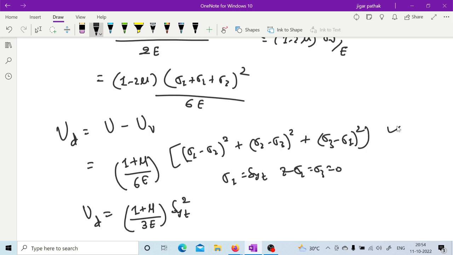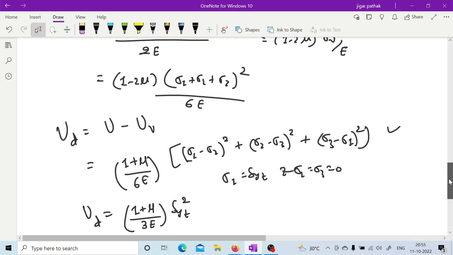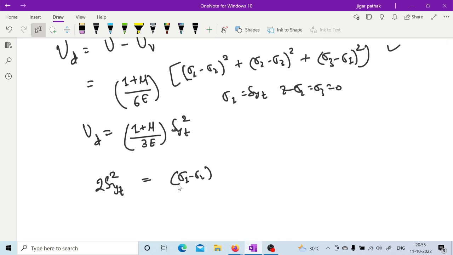When you equate Ud for tension in general, you will end up with 2 SYT square is equal to (sigma 1 minus sigma 2) square plus (sigma 2 minus sigma 3) square plus (sigma 3 minus sigma 1) square.